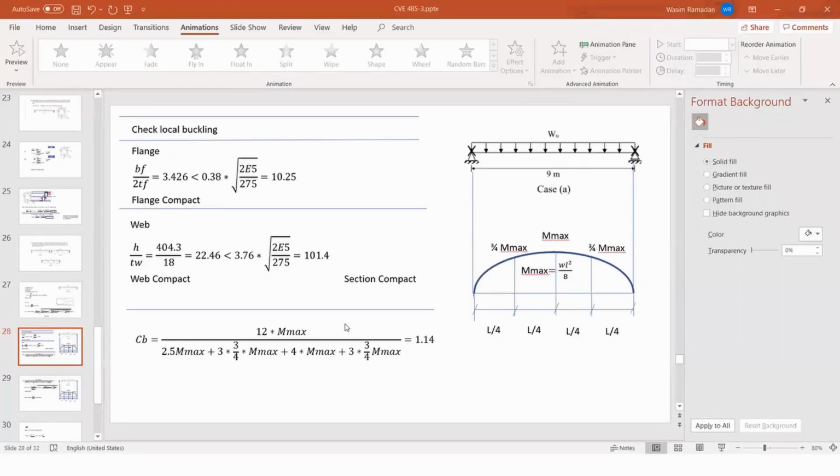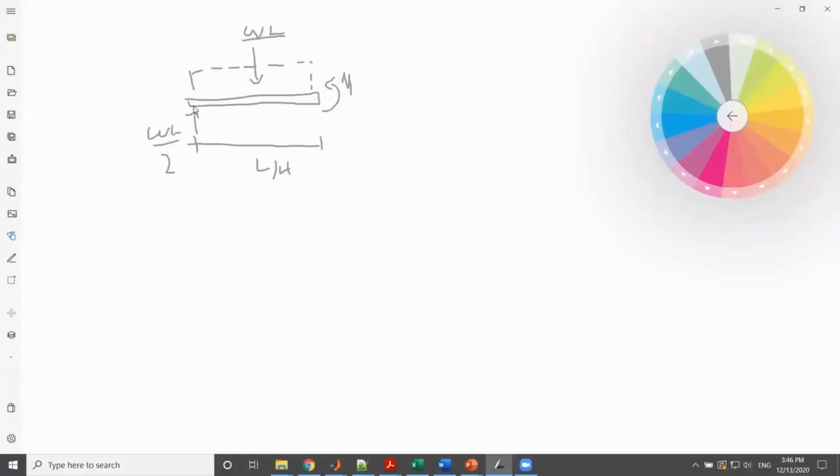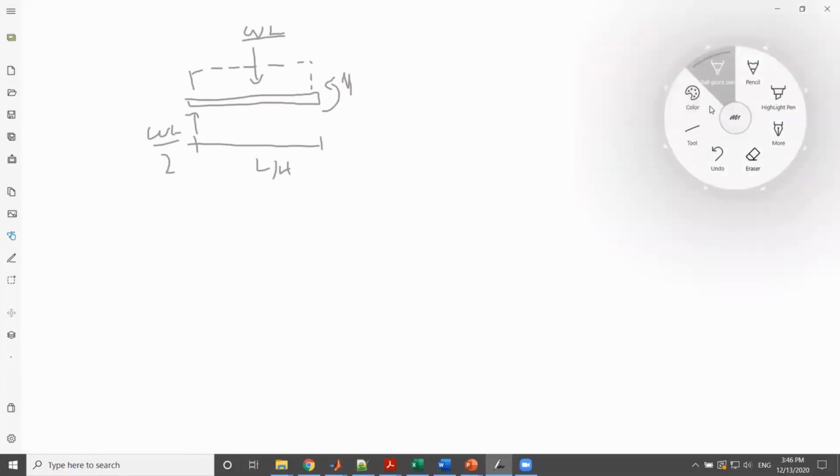You will consider a member, a part of your beam. This is the part of the beam with a length of L/4. Now the distributed load would be, okay, let me clear this.